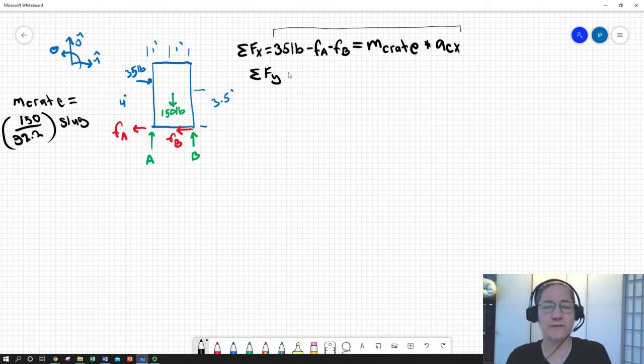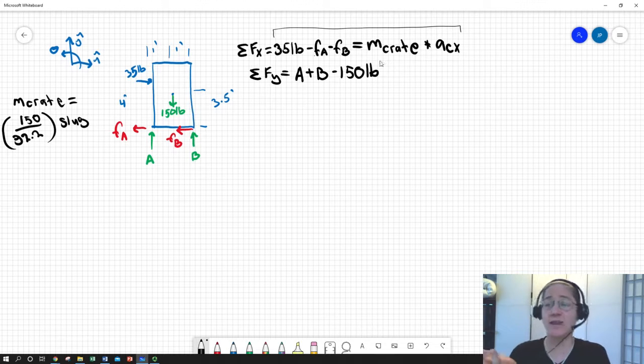Now let's look at another orthogonal direction. What else can we get from our FBD? Let's look at the sum of the forces in the y. Those are going to be equal to A plus B, those two normal forces, minus 150 pounds, the full weight of the crate. This time we know ahead of time, because the crate is not sinking down into the surface and it's not flying up from it, that we do in fact have no acceleration in the y direction.